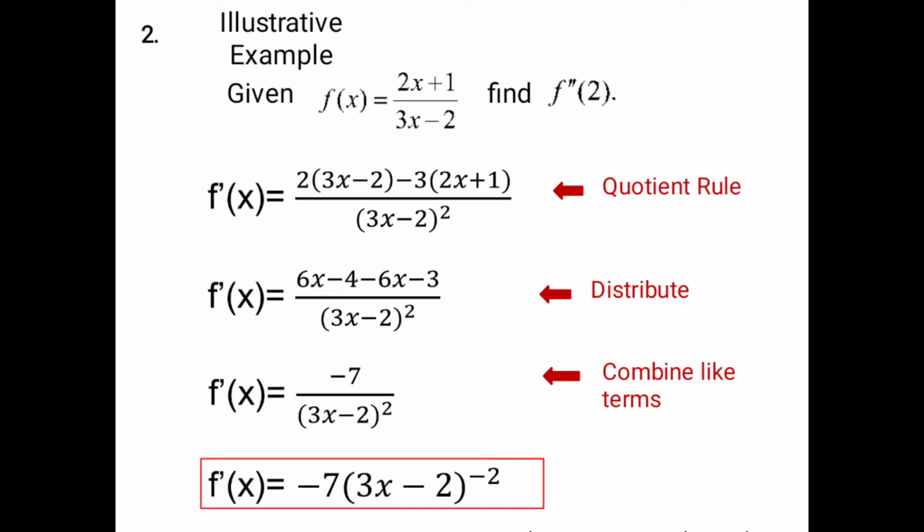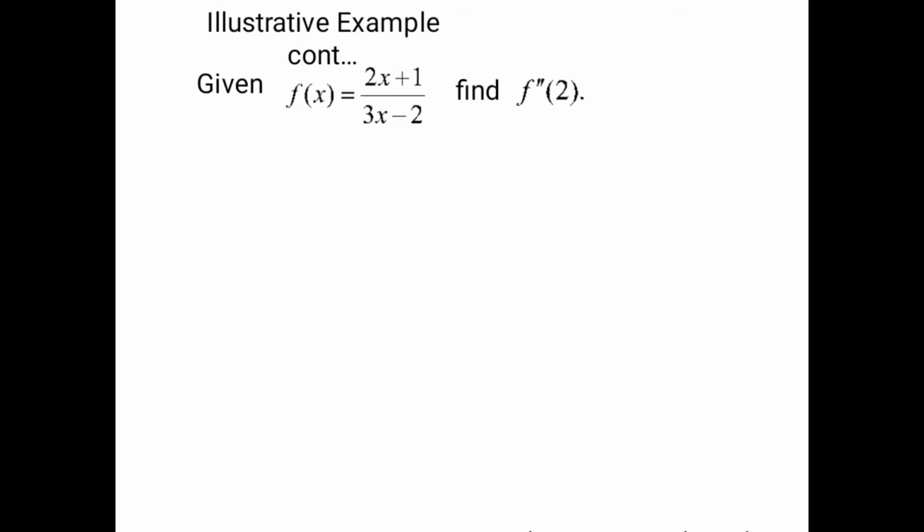Since we transformed this term into non-fractional form, the denominator 3x minus 2 squared becomes 3x minus 2 raised to negative 2.